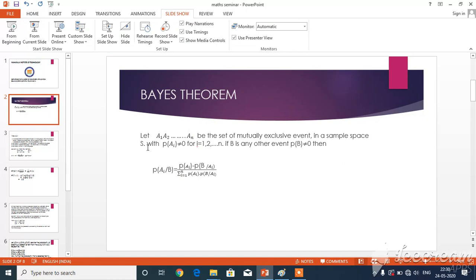Bayes theorem: let A1, A2, up to An be a set of mutually exclusive events in a sample space with P of Ai not equal to 0, for i equal to 1, 2, 3 up to n. If B is any other event, then the formula is P of Ai over B equals P of Ai dot P of B over Ai, divided by the summation of i from 1 to n of P of Ai dot P of B over Ai.